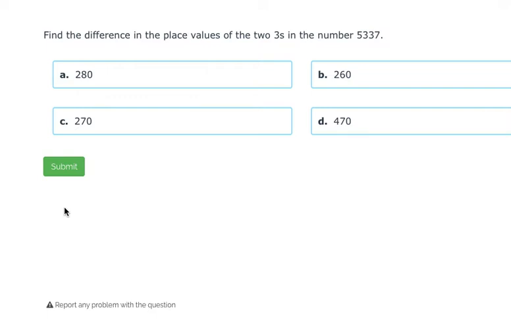Find the difference in the place values of the 3s in the number 537.